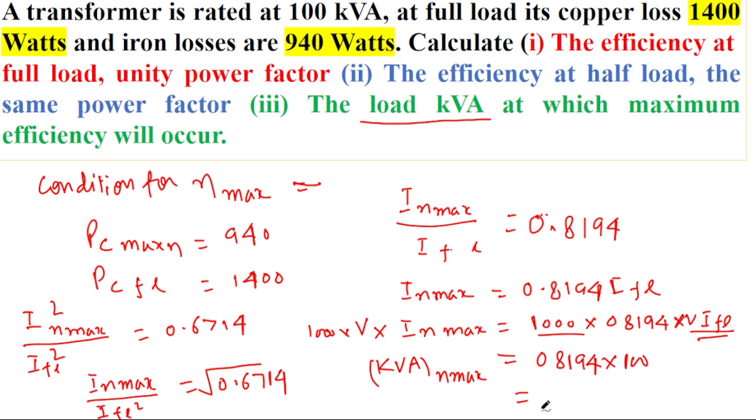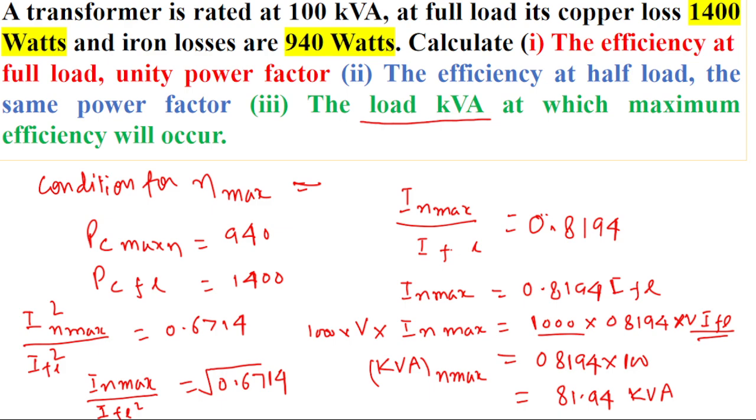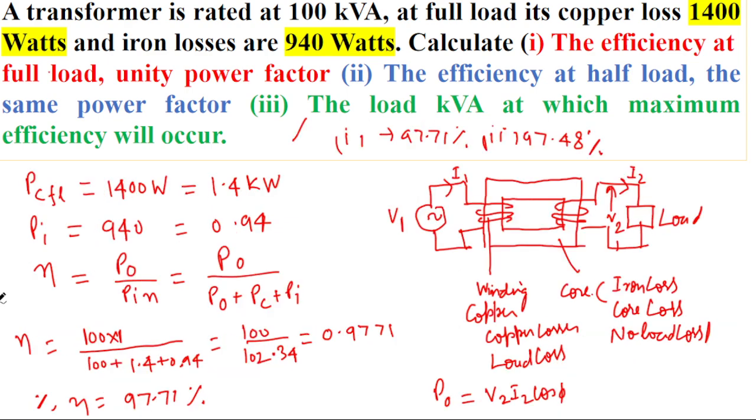So the kVA at maximum efficiency will be 81.94 kVA. So that is the answer of the third part: the kVA will be 81.94.